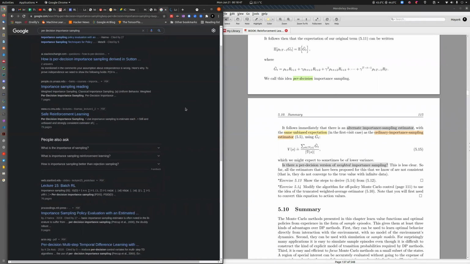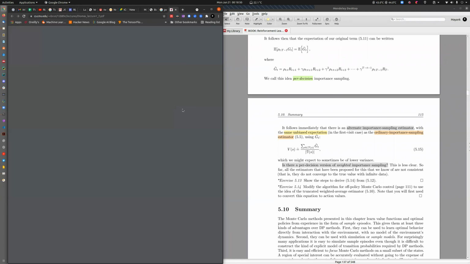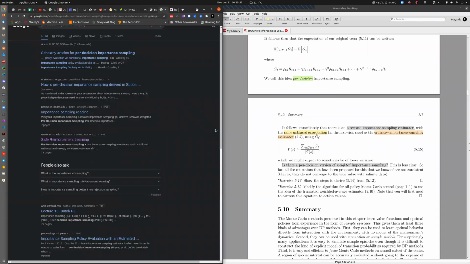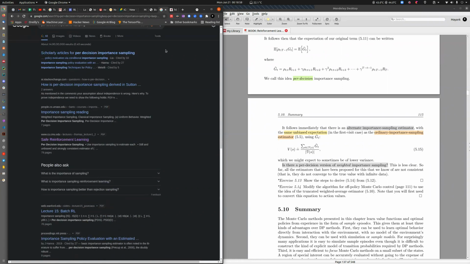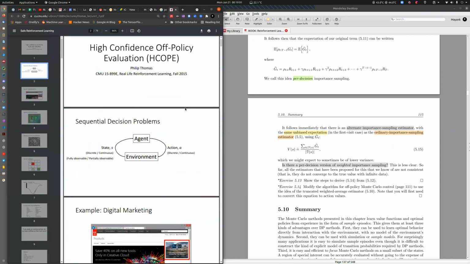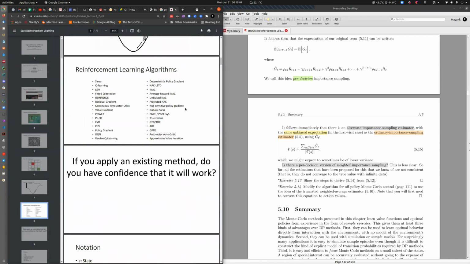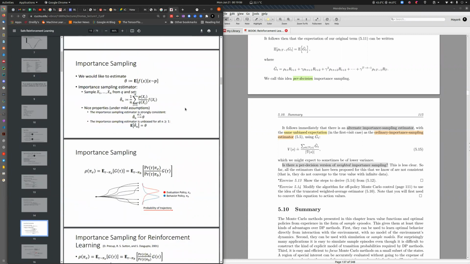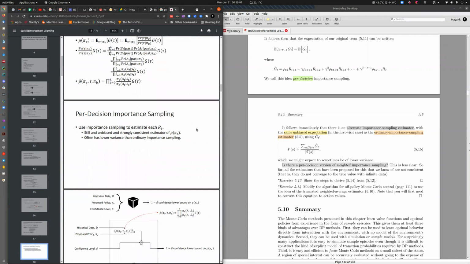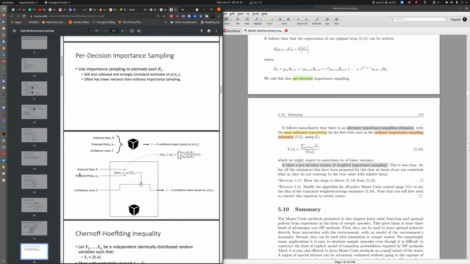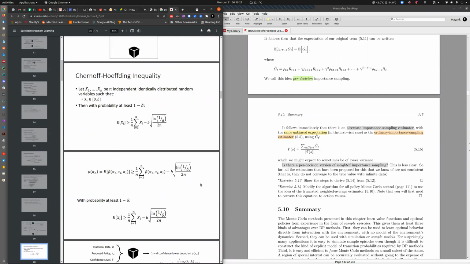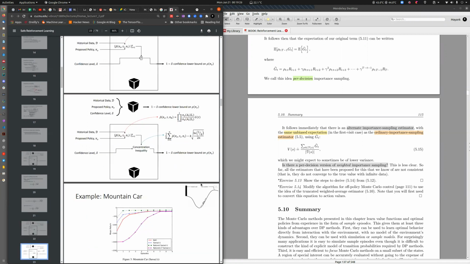With respect to safety, per decision sampling estimates a low variance compared to ordinary sampling, based on the historical proposed policies and confidence levels. Then this is the inequality, Chernoff's, and this is mountain car.